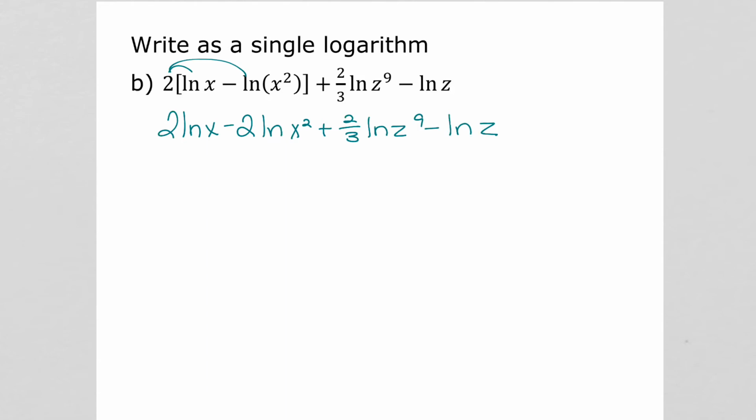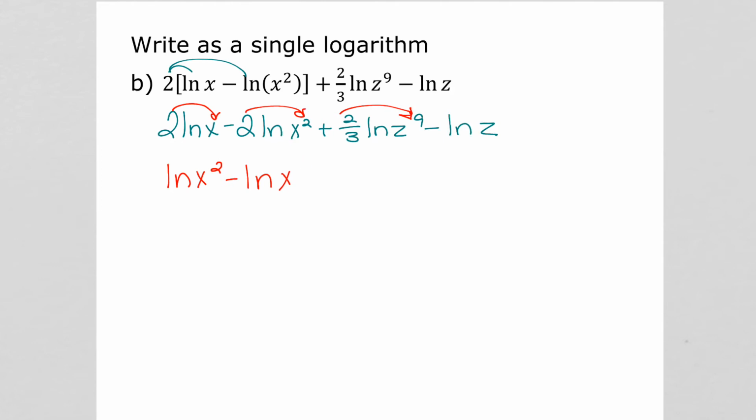The next step is to start putting those exponents on. So whatever's out front is going to go on the exponent. So we'll have natural log of x squared minus natural log of x. And instead of x squared, it's x squared squared, or x to the 4th.